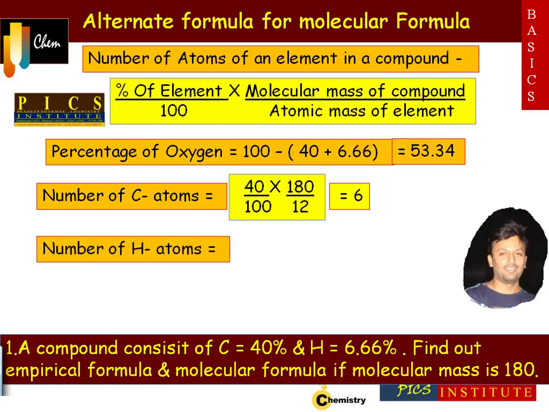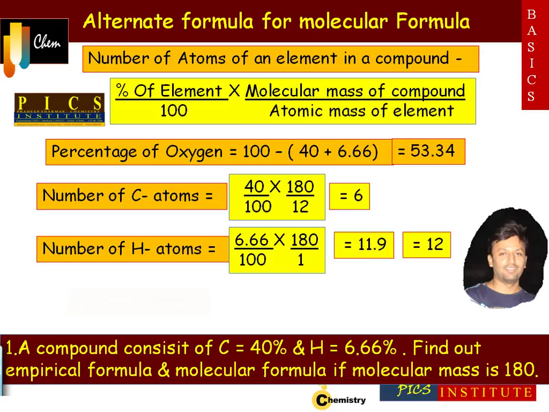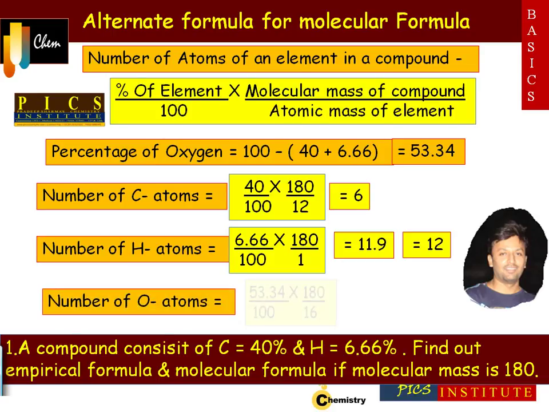Similarly, we can find out number of hydrogen atoms. Use the same formula. The percentage is 6.66 into 180, that is molecular mass, divided by 100 and 1. 1 is the atomic mass of hydrogen, and the number of hydrogen atoms is approximately 12. The number of oxygen atoms by the same formula is 6.